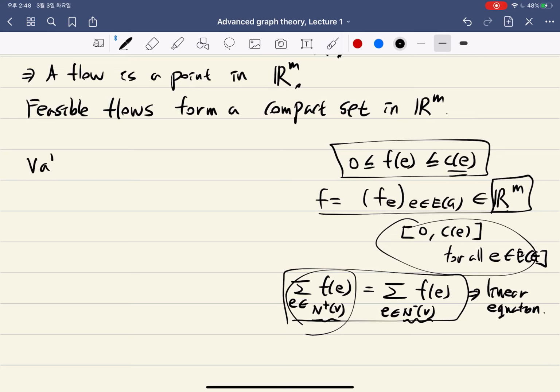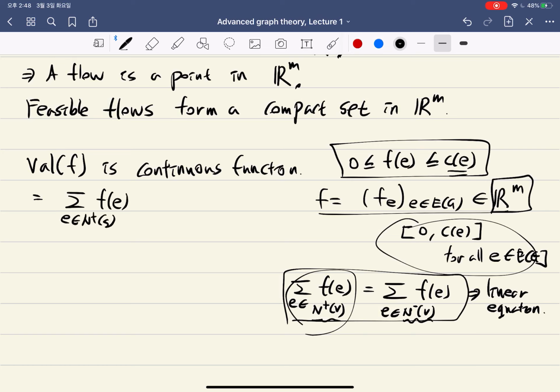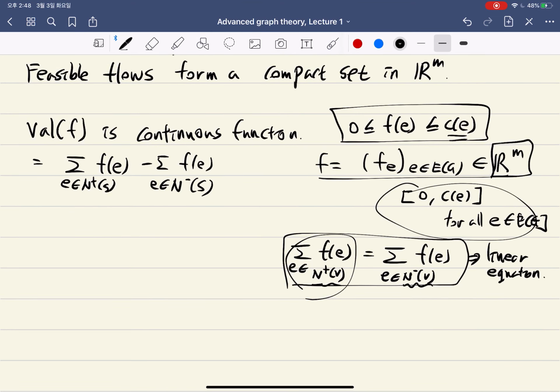And also this value of f is a continuous function. It's more than that, it's a linear function, because this is simply the summation of all edges exiting from the source minus the summation of all edges entering S. Maybe this way of writing was not rigorous.